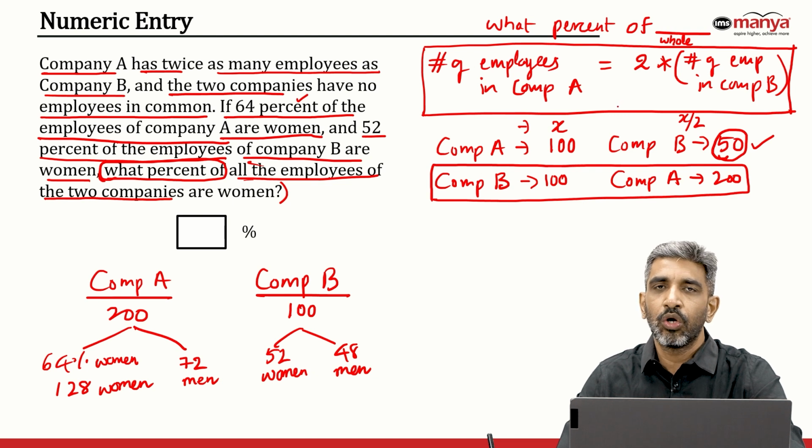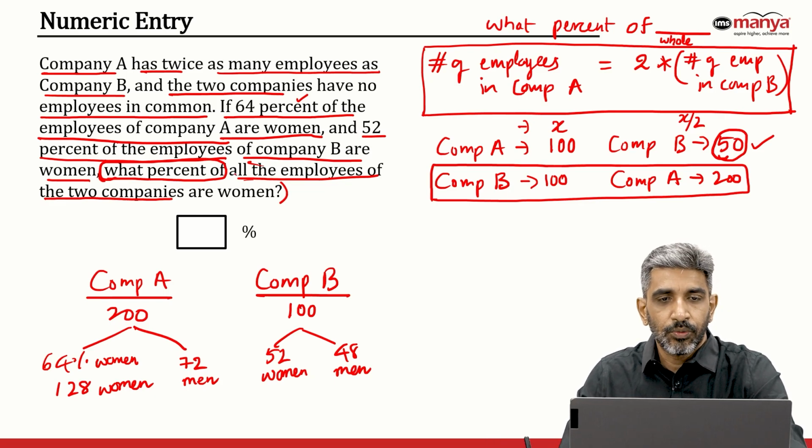And as you know, the whole value is always in the denominator. So this key phrase actually tells you what number you should put in the denominator. And that is very important because it's a very common mistake that can happen in these kinds of questions. So what is coming after the key phrase here? We see all the employees of the two companies, which means we are looking at 300 as our denominator.